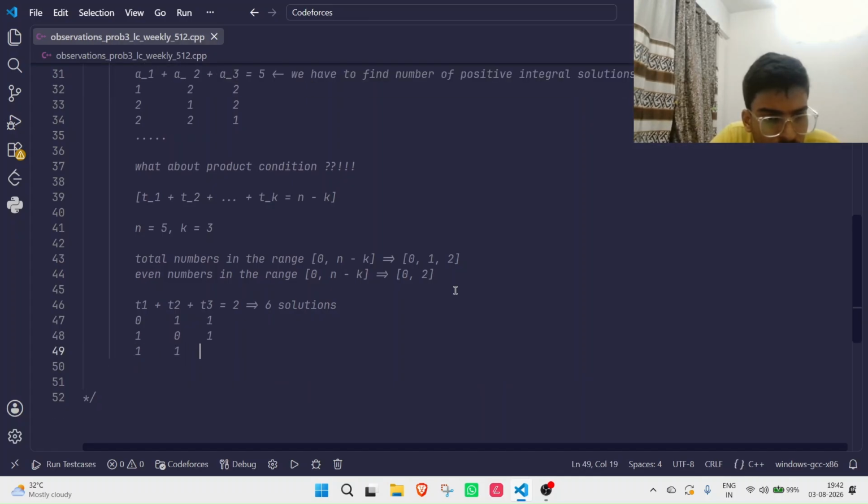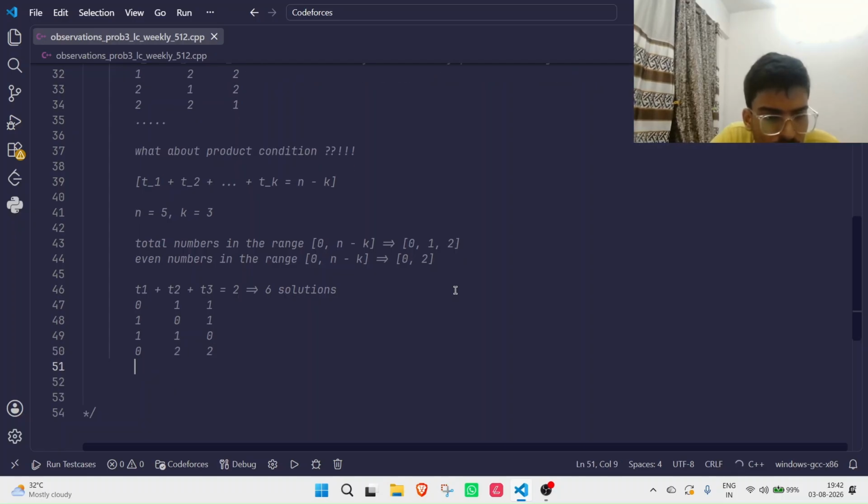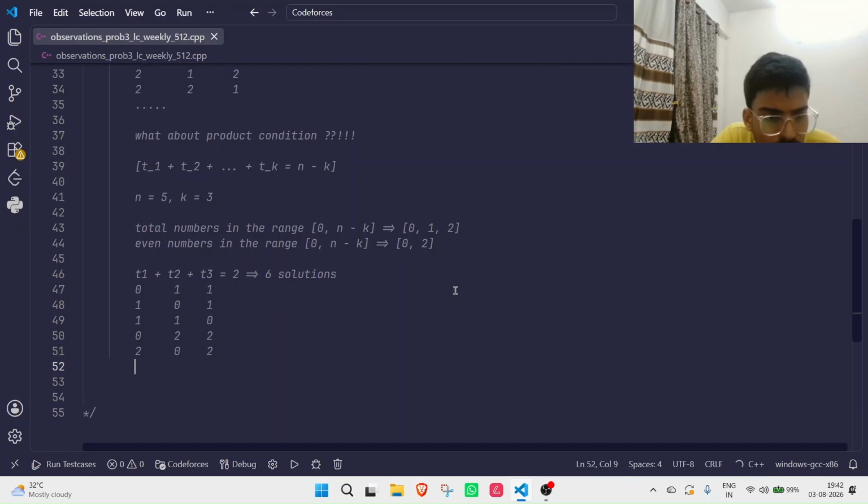They contain 0, 2, 2; 2, 2, 0; 2, 0, 2; and lastly 2, 2, 0. These are the 6 ways, right? The product should be even.